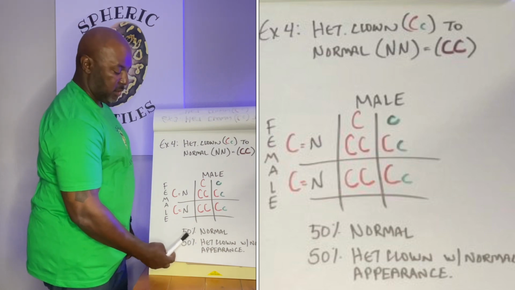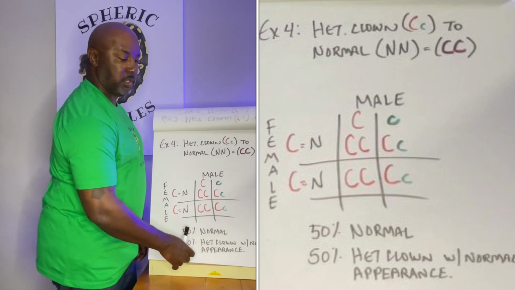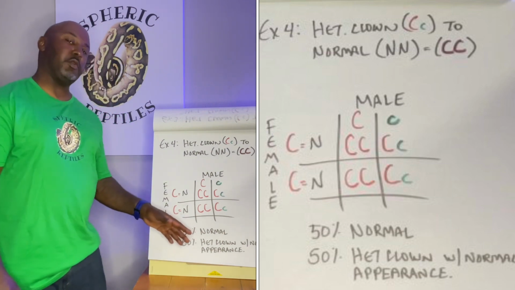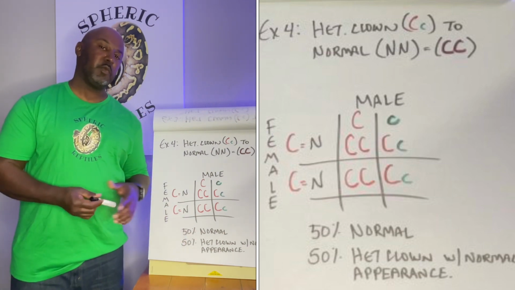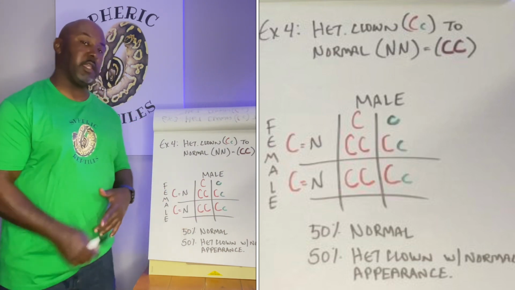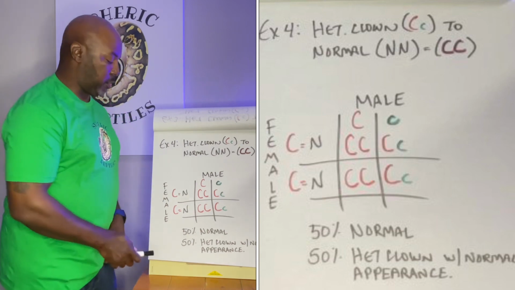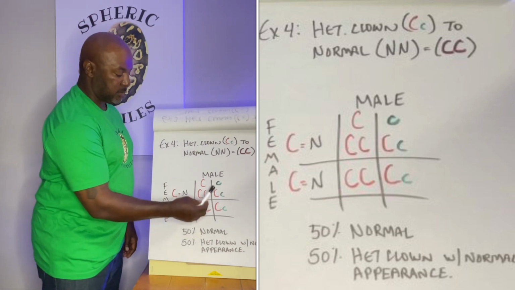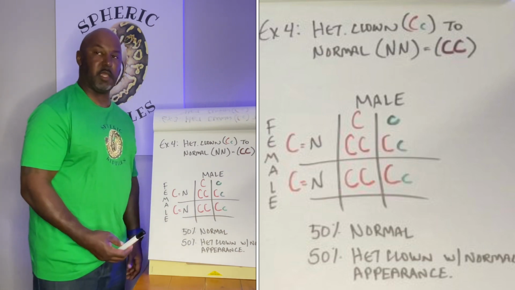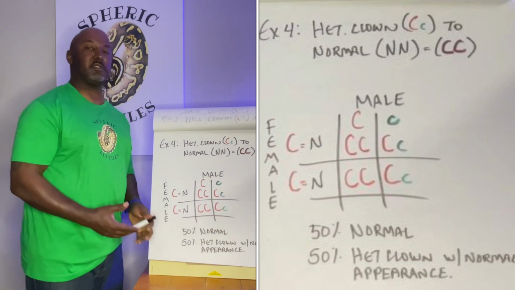So if you see this 50% het clown, or 50% het whatever recessive trait you're trying to get, you'll notice that the prices are a lot lower. The reason the prices are a lot lower is because there's no guarantee. Now, if the seller or the breeder were to genetic skin test, and they found this, then this would change to 100% het, because they would have the analysis to show it.